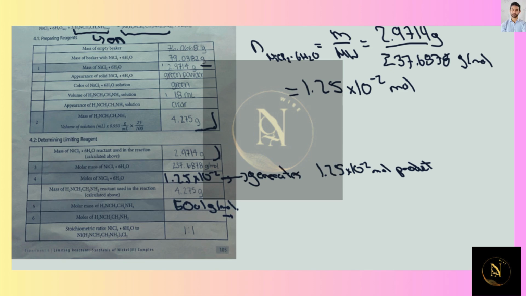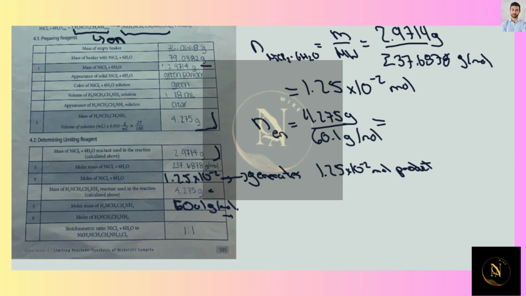On the other hand, for the ethylene diamine, the amount of moles that we're going to have, I'm going to employ the abbreviation EN for ethylene diamine, is going to be equal to the mass, which is 4.275 grams, divided by the molar mass, which is 60.1 grams per mole.